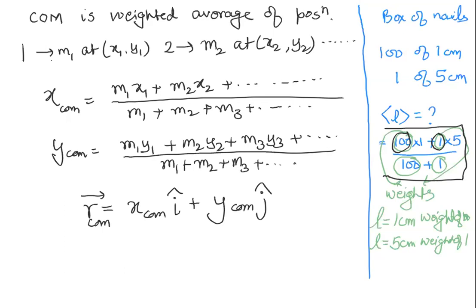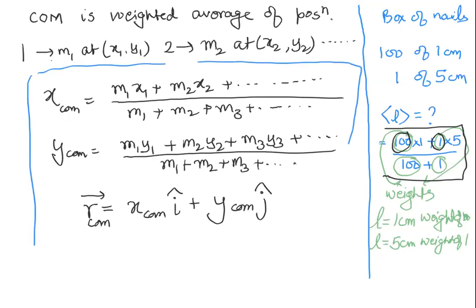Right? So this is the key takeaway from this discussion. This is how we will find the center of mass of a system of point particles. So please write this down and then we'll discuss questions.